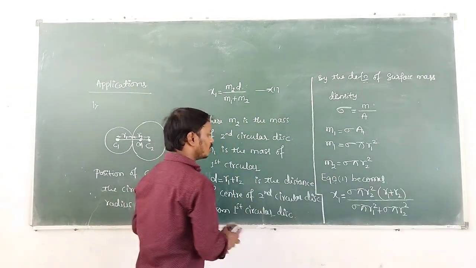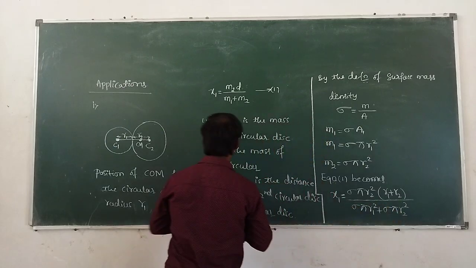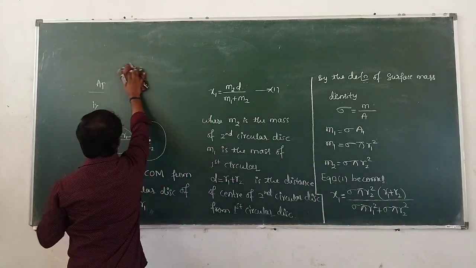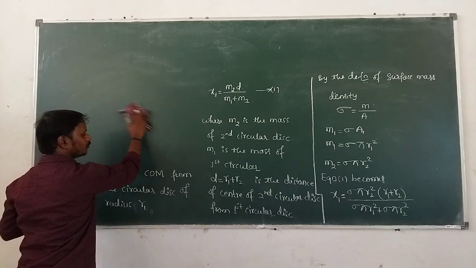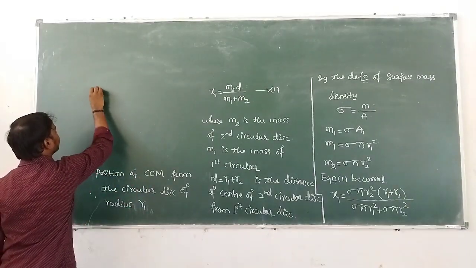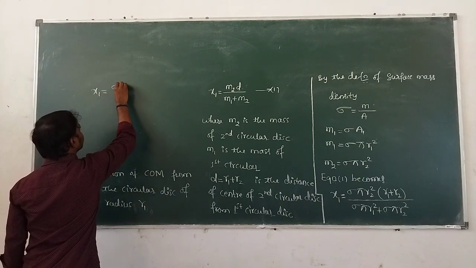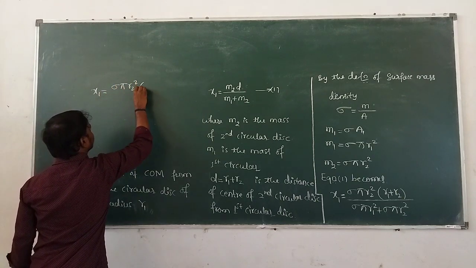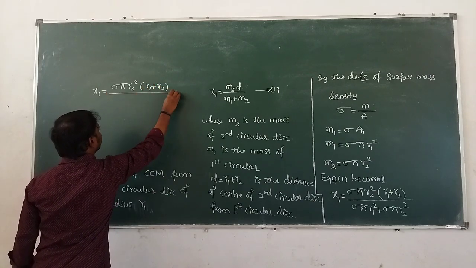Now what is common in these two? Sigma pi is common. So I will write here that x1 is equal to sigma pi r2 square into r1 plus r2 divided by the total mass of the system.